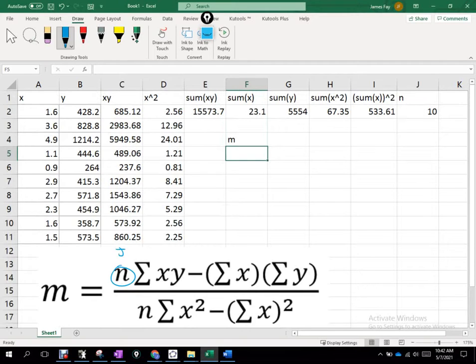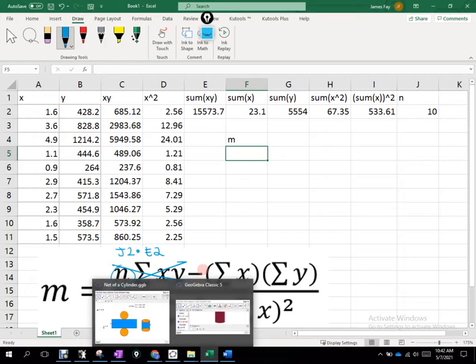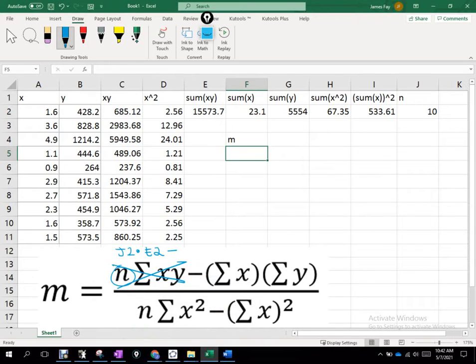So I'm going to rewrite this as J2, times the sum of xy. I have the sum of xy in E2. Okay, so that takes care of that. Does that make sense? Then minus the sum of x, that was in F2, times the sum of y, which was in G2.